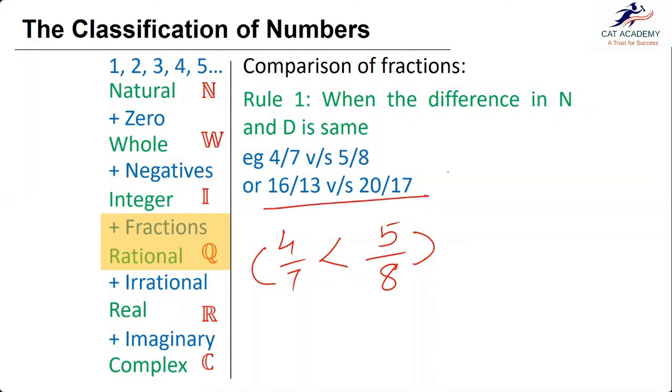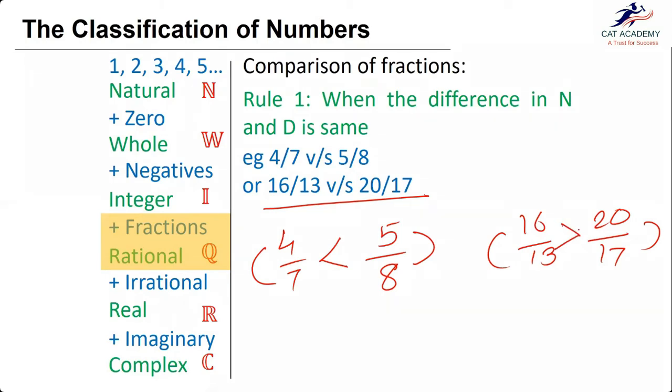For example, in this case, question number one, is my difference between numerator and denominator same? Yes, it's a difference of 3 and 3. Question number two, proper or improper? Improper. Improper behaves improperly. That is, larger the number, smaller the fraction. So 20 by 17 is smaller than 16 by 13.